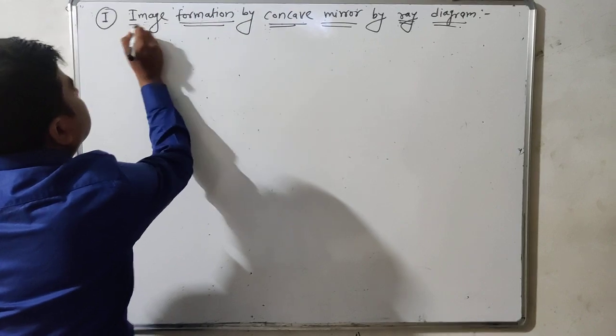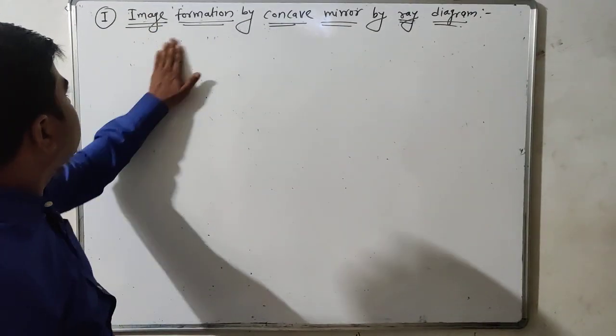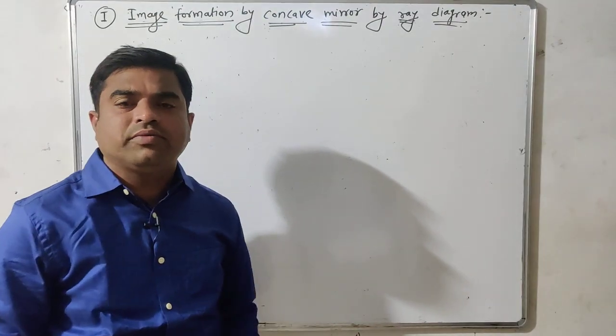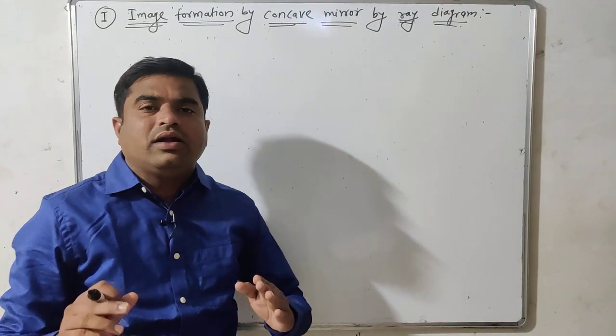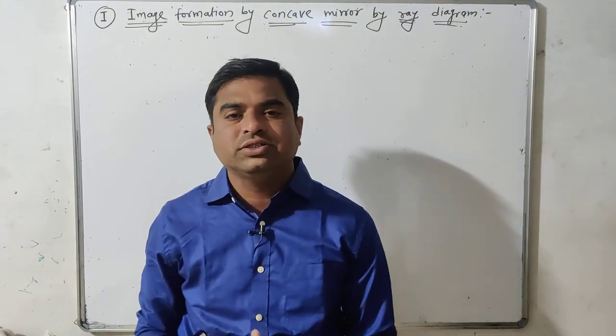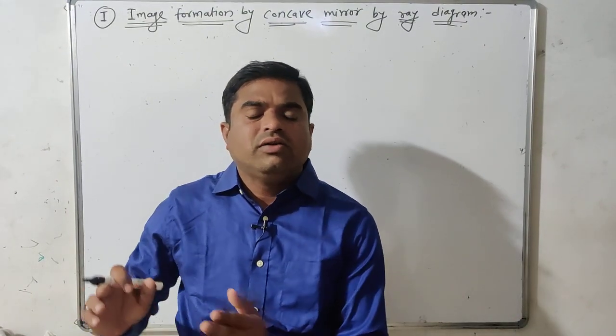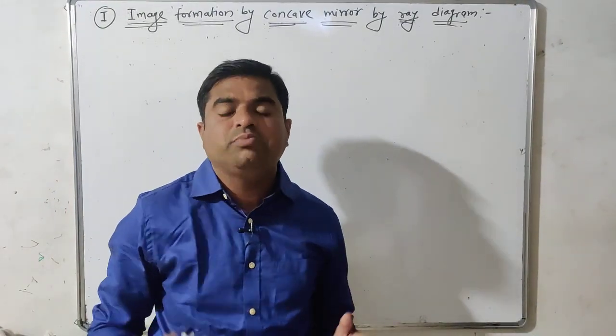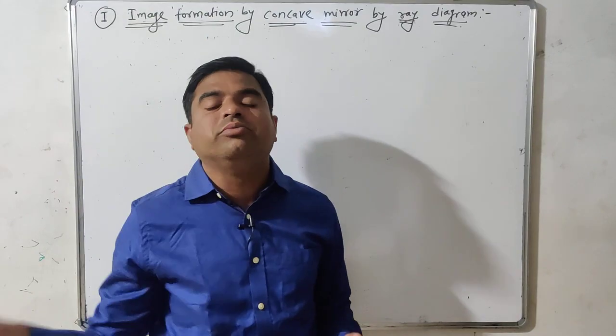So student, first of all, we take a concave spherical mirror, and a linear object is placed in front of it at various positions, and using ray diagram, we are going to find the position of its respective images.